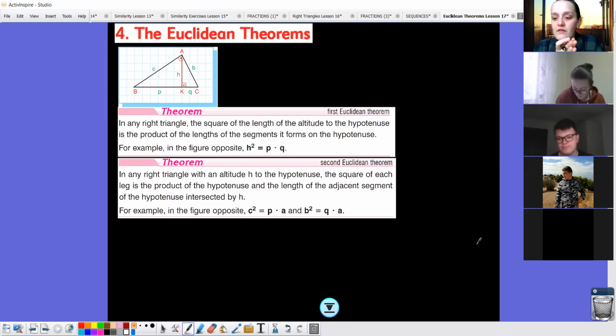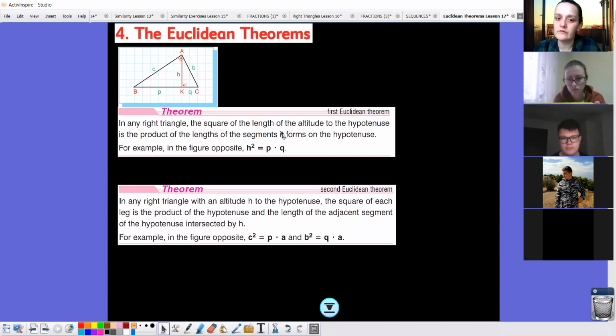Now, I am giving another important theorem about right triangles. It's called the Euclidean theorem. Here it's written two theorems: the first Euclidean theorem and the second Euclidean theorem. It's very hard to pronounce.